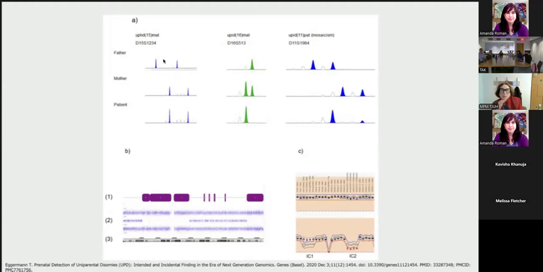What we see in image A is short tandem repeat typing illustrated. Here we have maternal uniparental heterodisomy of chromosome 15. You can see this is the maternal, this is paternal, and the proband is essentially identical to the maternal, but because it's carrying two, it's heterodisomy and not isodisomy.